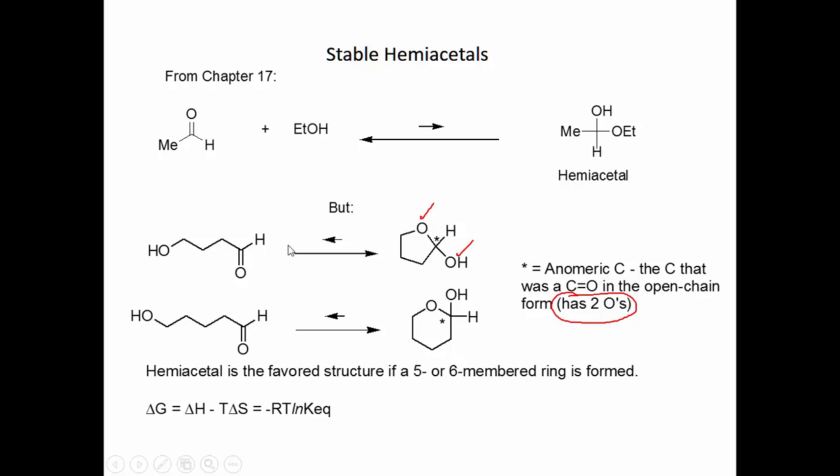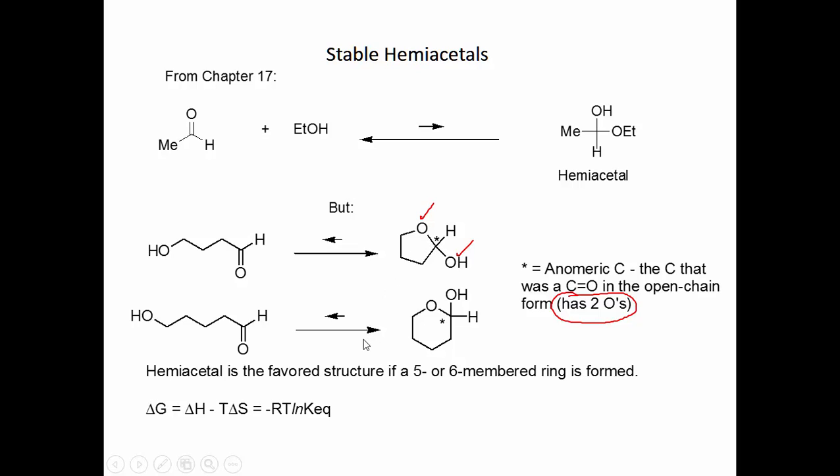But in this case, it's more or less entropically neutral because the number of molecules involved is the same, and we don't have to adopt an unstable ring system. The ring system is actually very favorable.